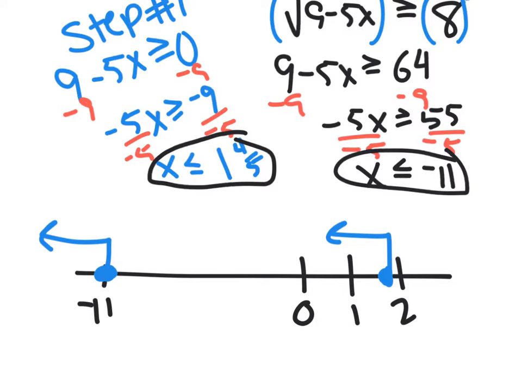So you would guess that the middle piece is your answer. But in this case, they're both going this way, so they really overlap over here only on this piece. So right now, our best guess is that that inequality is the answer, which is x is less than or equal to negative 11. All we got to do is double check by plugging in values to test and make sure that those answers on the left of negative 11 work.